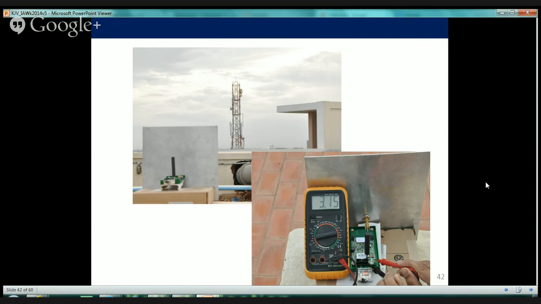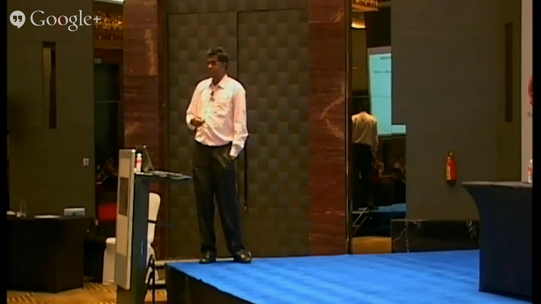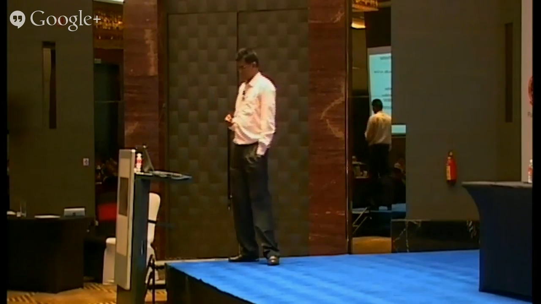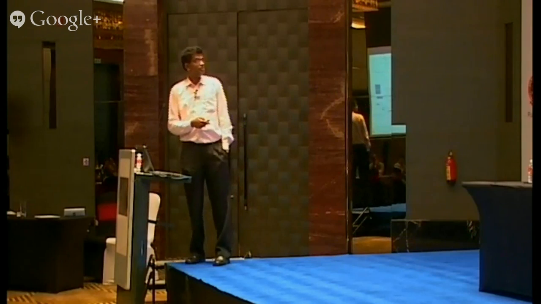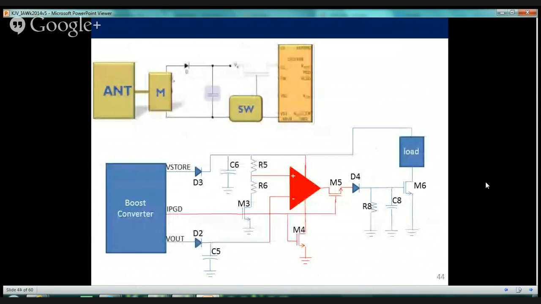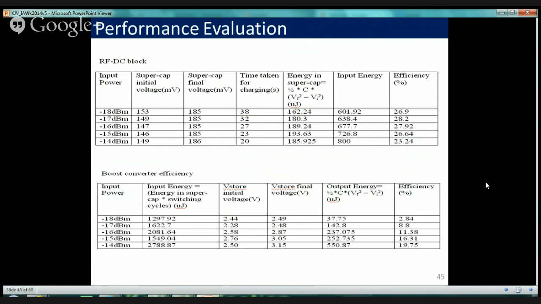There were a number of innovations in the circuit design that are outside the scope of this audience, so I will just list them and move over to the efficiency calculations. As you see here, we basically need to cross the diode, and to do that we need to go above the threshold voltage of the diode, and therefore depending on the input power levels the efficiency could vary.